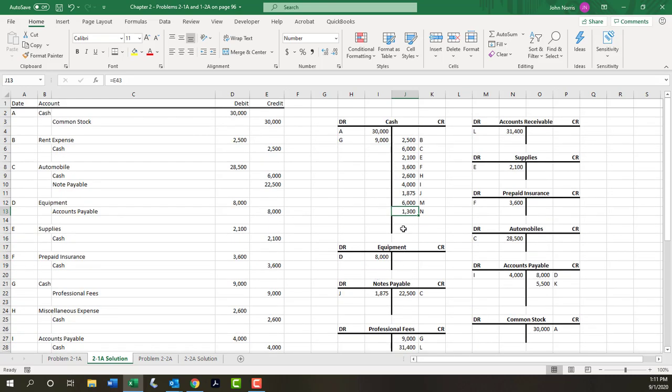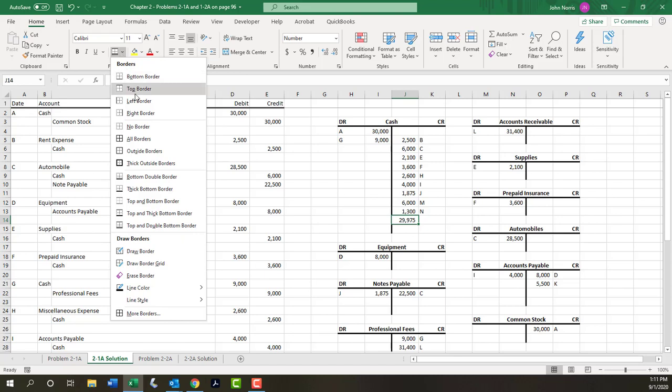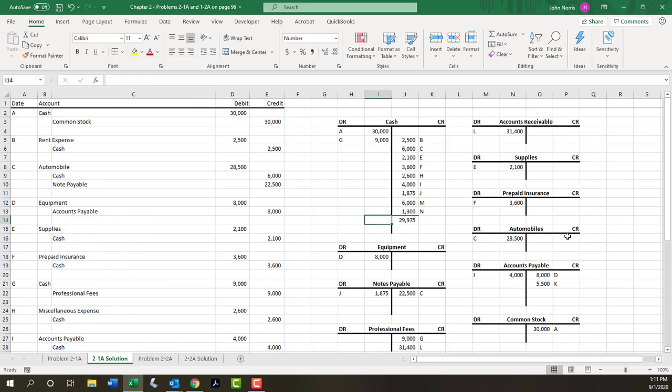So now we can get a total for all of this. The total for the credits and the total for the debits, and then we get a balance, the debit minus the credit. The balance for the end of January in cash is $9,025.